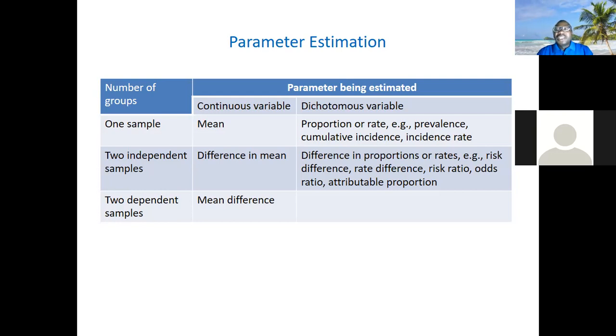So when we were summarizing categorical variables under descriptive statistics, we talked about summarizing categorical variables with ratio. Ratio is where you are dividing two items of the same unit. Like the male-female ratio, the number of males over the number of females, that's the ratio. There is a special form of ratio.